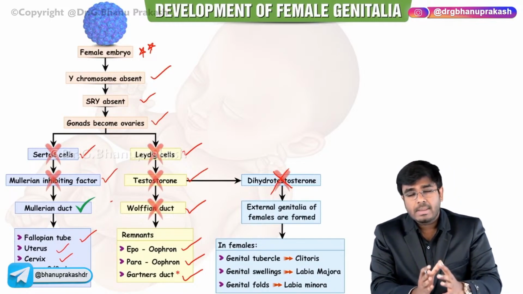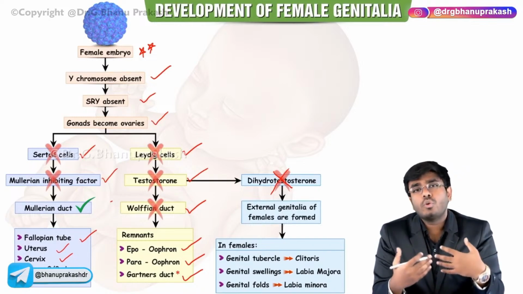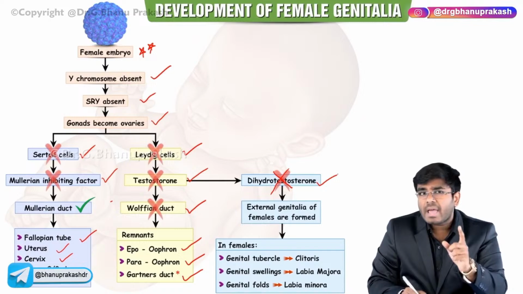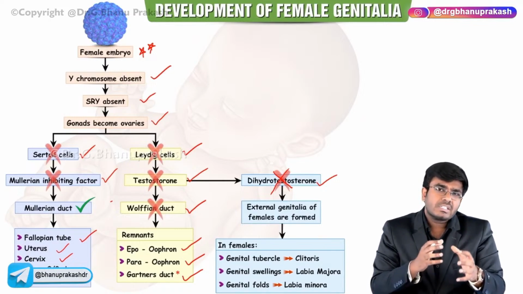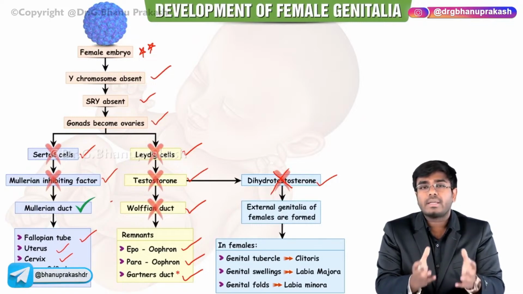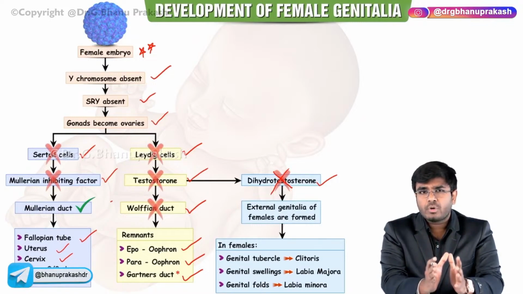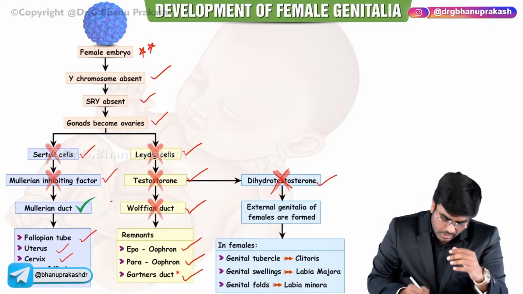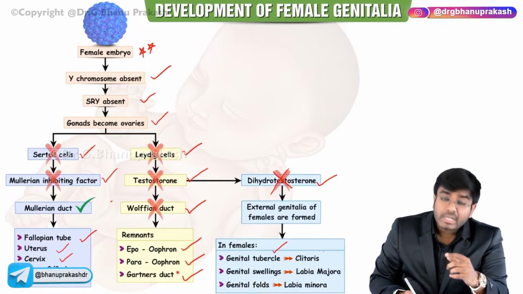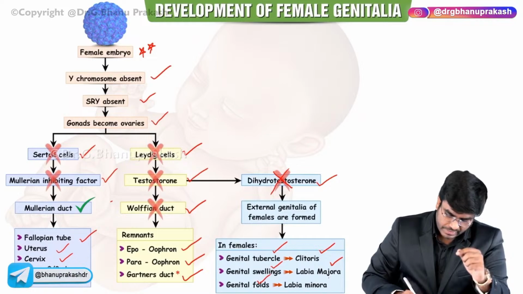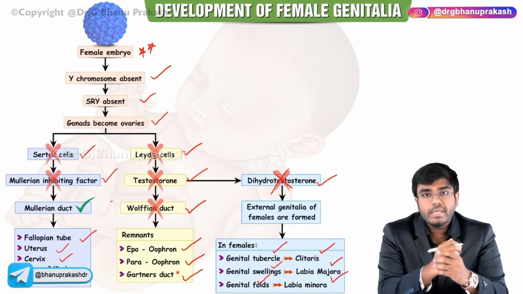But here there is no dihydrotestosterone, so by default the external genitalia will be female. The genital tubercle will become the clitoris, genital swellings will become the labia majora, and genital folds will become the labia minora. So this is very, very important.